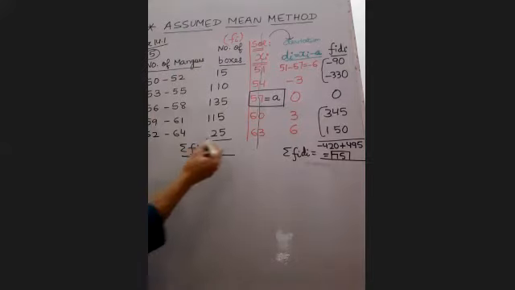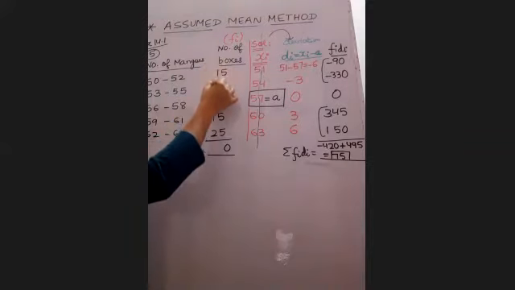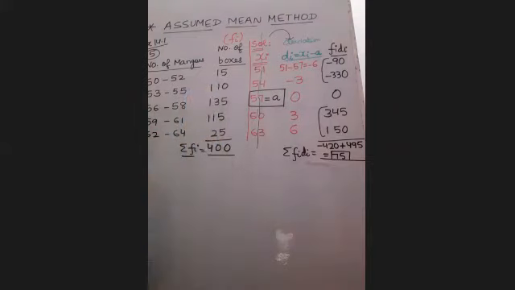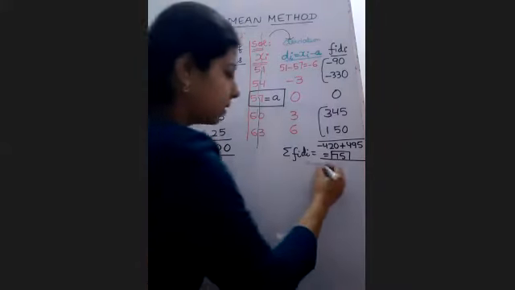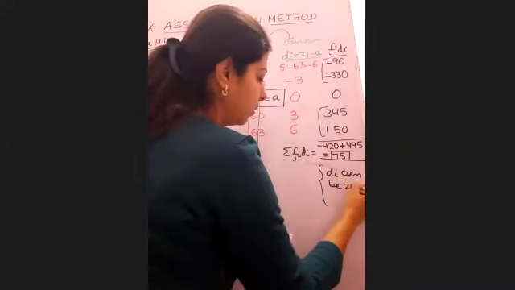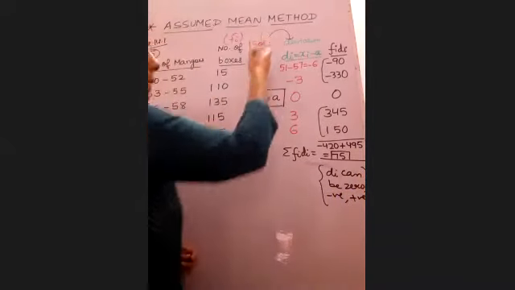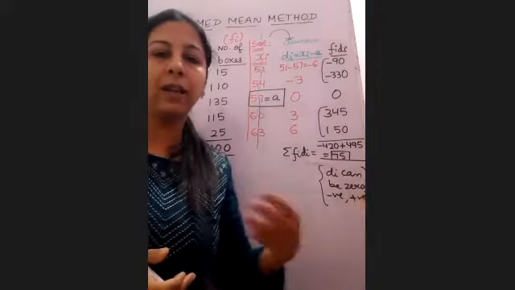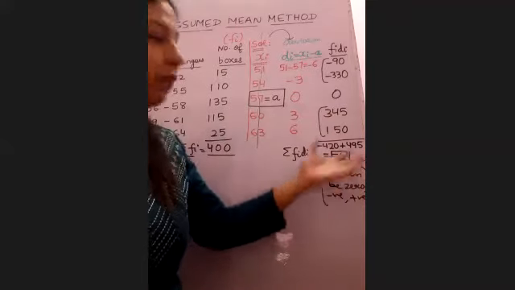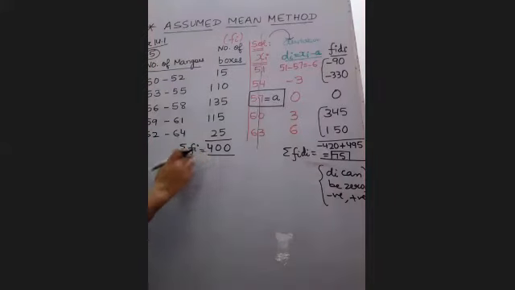Please add 5, 5, 5, 5, 20. 3, 4, 7, 400. Just a note for you to understand. Di can be 0, negative, or positive. If everyone had 57, it would be 0, as there is no borrowing or lending. If more was lent, it will come negative. If more money came in, it will be positive, it depends. So summation fi is 400.